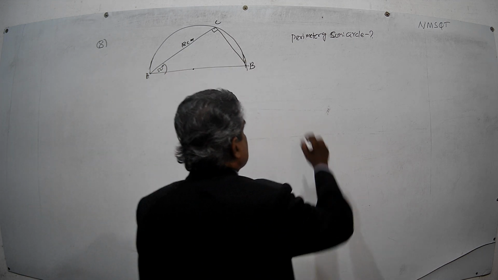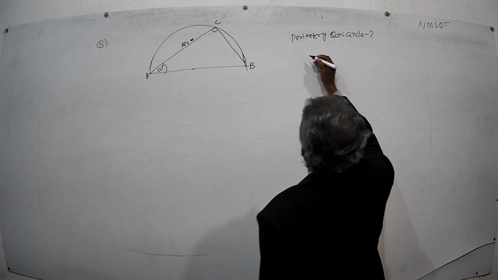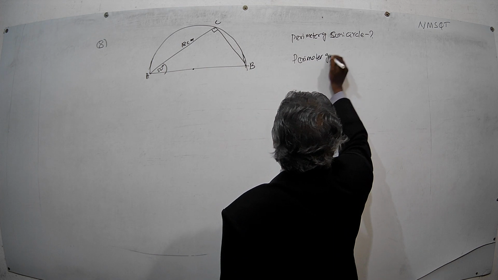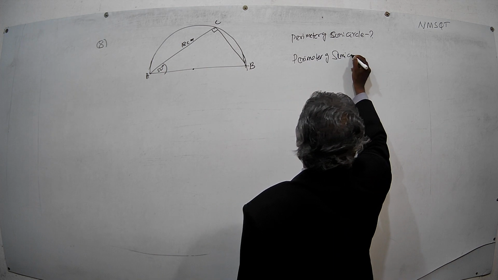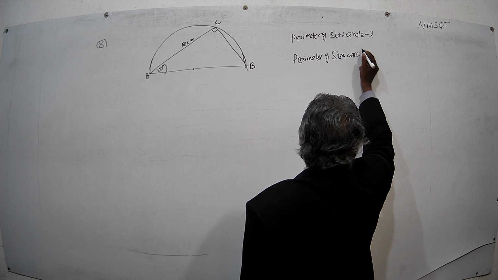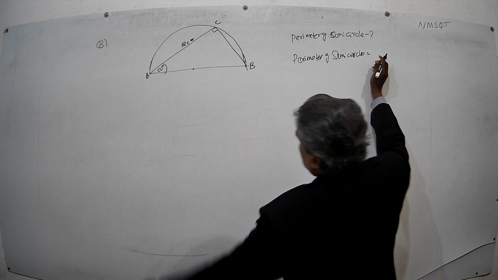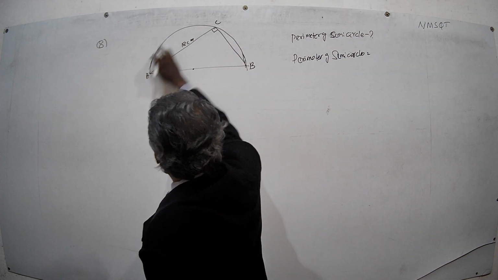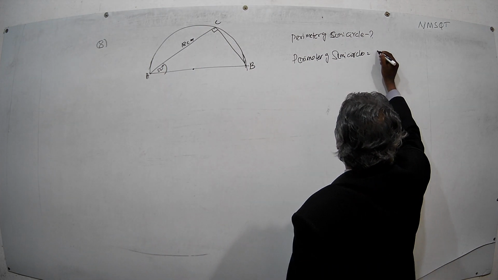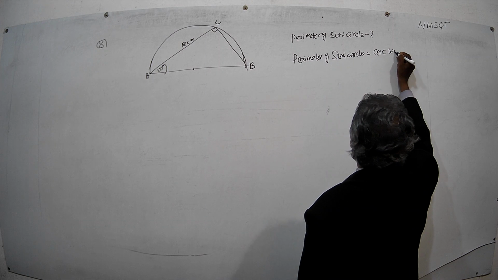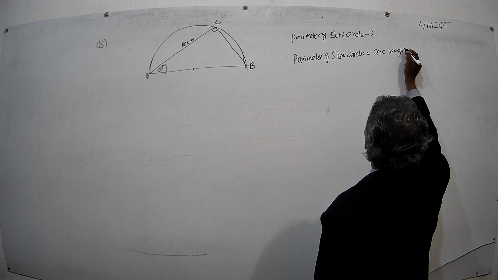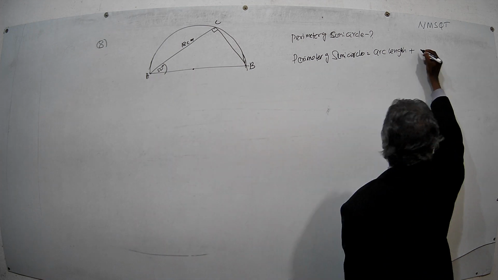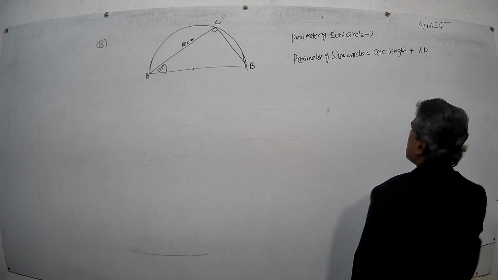So perimeter of semicircle equals this arc length plus AB, the diameter. AB, right?